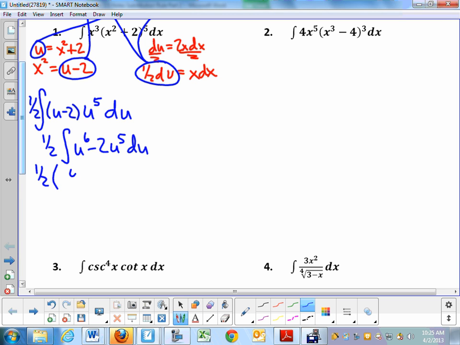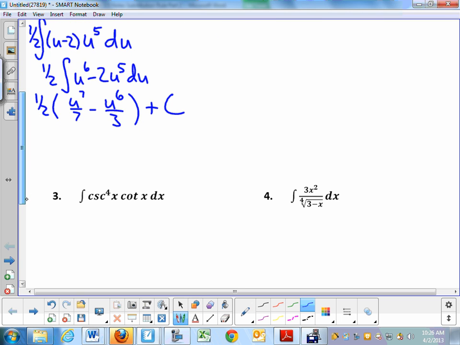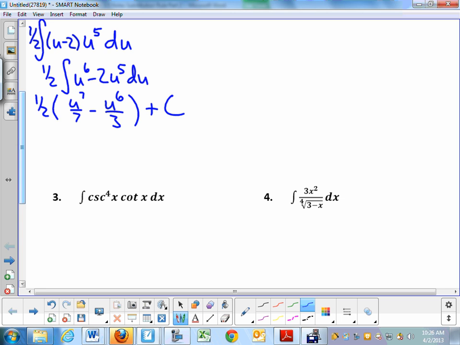Half times u to the 7th over 7 minus u to the 6th over 6, plus some constant. Whoa, hold on. Now we've got to distribute the 1/2, and then we'll plug in the u part.